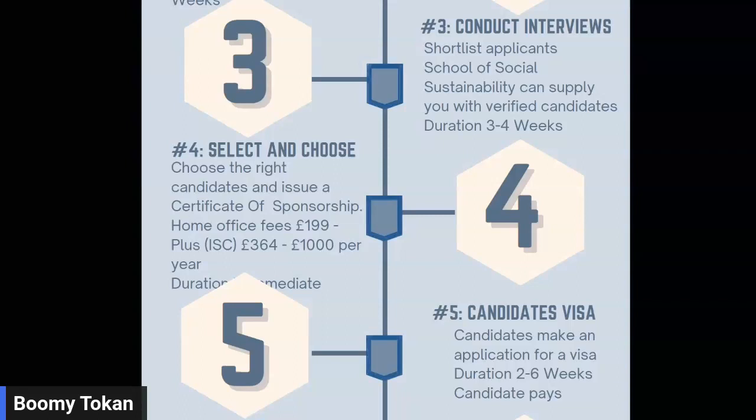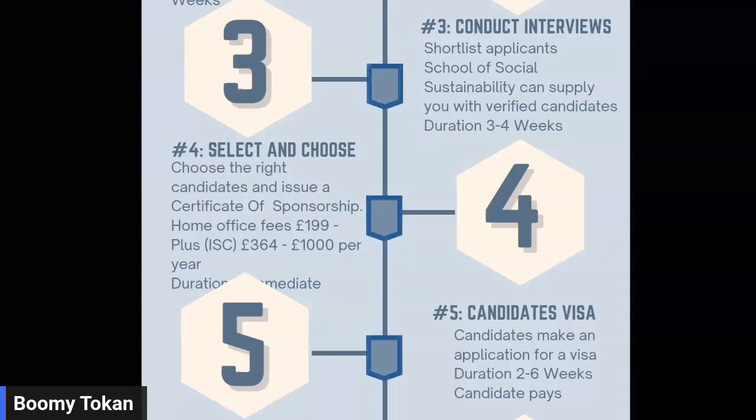So once you receive your license, that license will come with a password to a portal that is run by the Home Office, which you can access. And I think at the time of recording this anyway, only 2 people can have access to that portal, that is 2 people from one organization. So that's you and someone else.